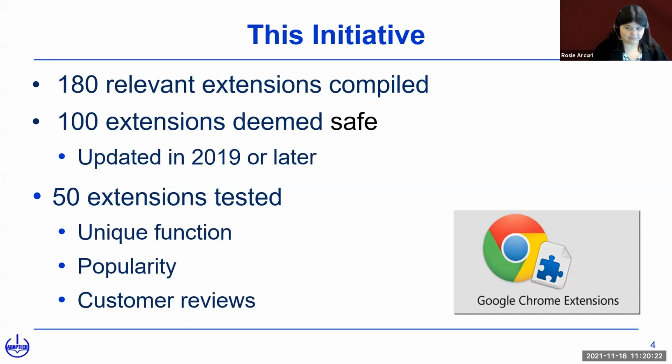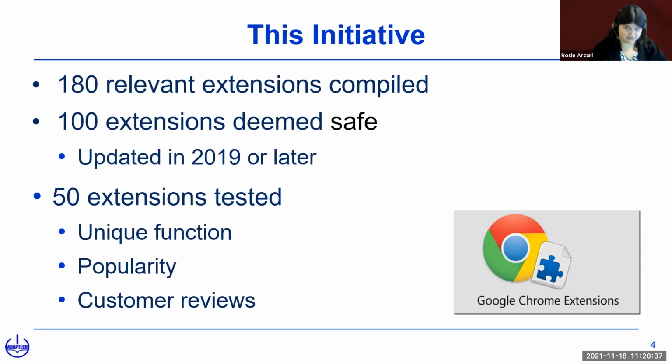And we quickly discovered 180. And honestly, there are more out there, I'm sure. I keep constantly finding more, but we have 180, and then from that we took out any of them that had not been updated within the last 2 years.